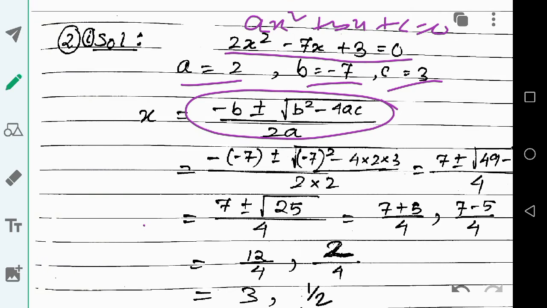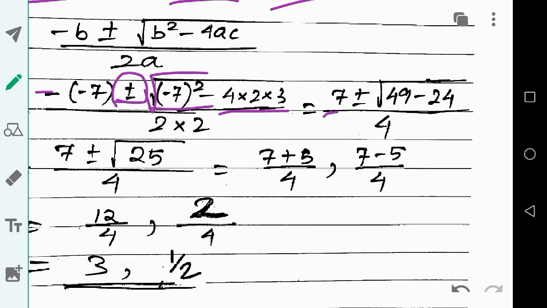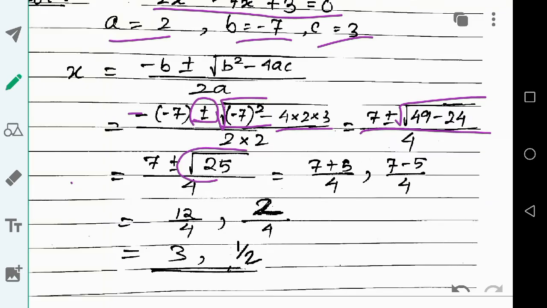Putting here, I have got minus b is minus 7, so I have written minus 7, then minus 7 is plus 7 again, then plus minus root over minus 7 square, minus 4 into 2 into 3, and here you see 7 plus minus root over 49 minus 24 is nothing but root 25, isn't it?